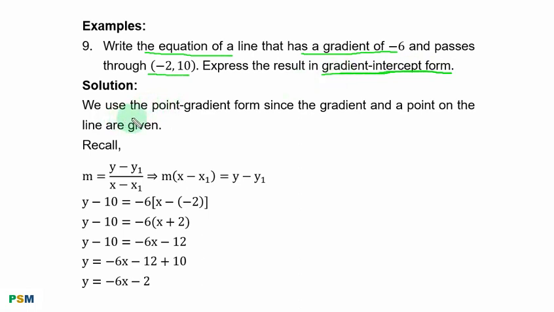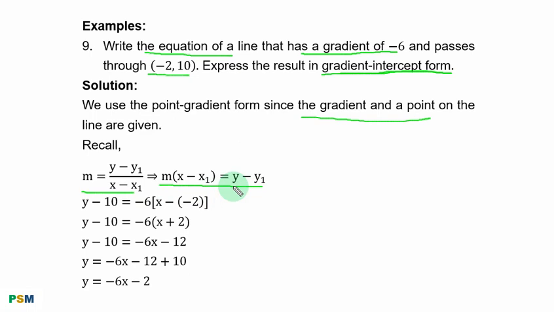Solution: we use the point gradient form since the gradient and a point on the line are given. Such an equation is equal to this, multiplied through by x minus x1 to clear the fraction.